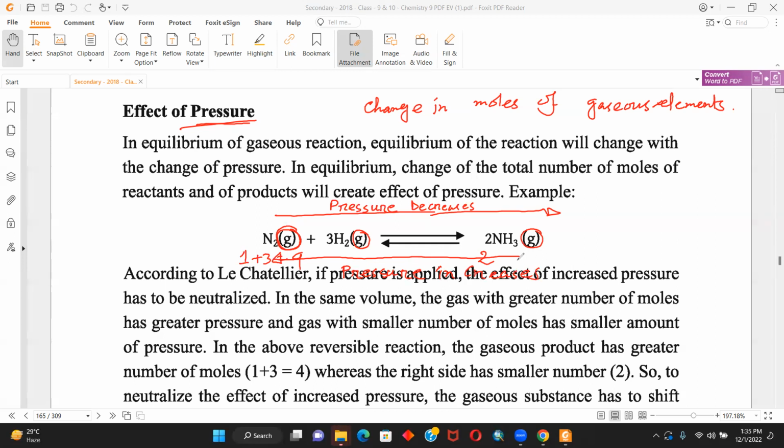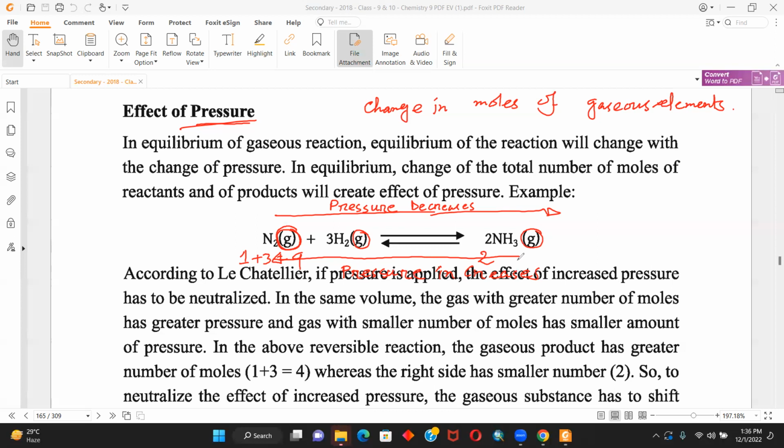Now let me ask you a question, to see how much you have understood Le Chatelier's principle. If I add more pressure to the system, what is the neutralizing factor to that? You take away pressure, so the pressure would be decreasing. In which direction does the pressure decrease?